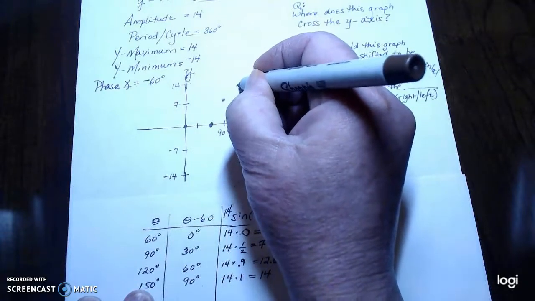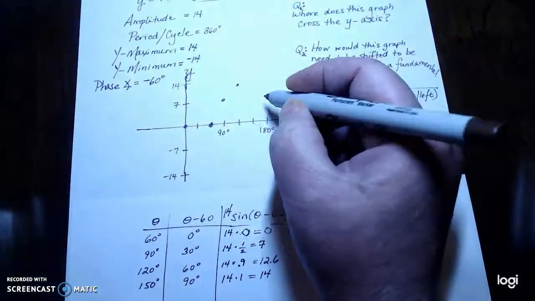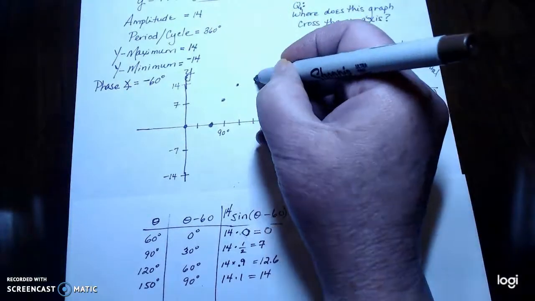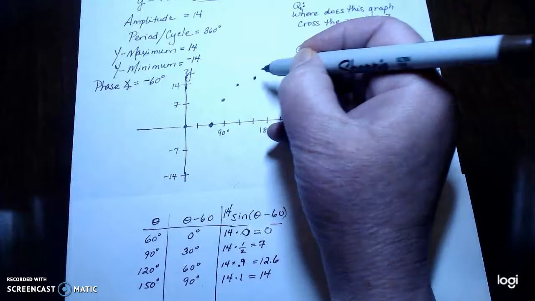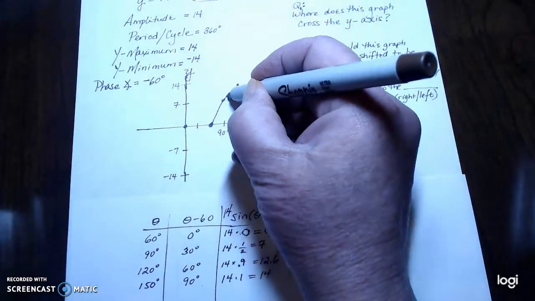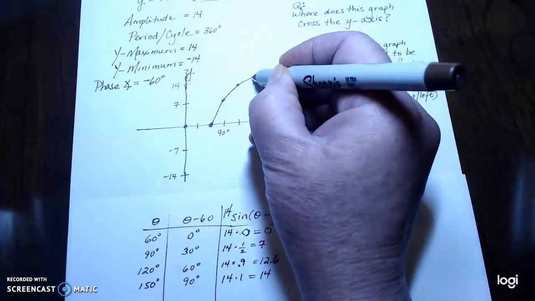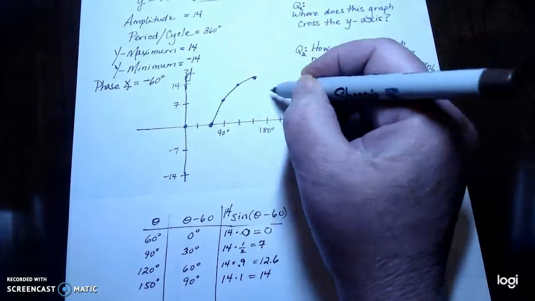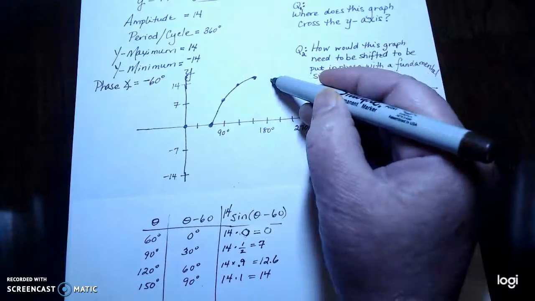And at 150 degrees, the output was 14. So this is, in essence, the first quadrant, if you will, of my graph, the first fourth of my graph. And from here, it should step down using symmetry.